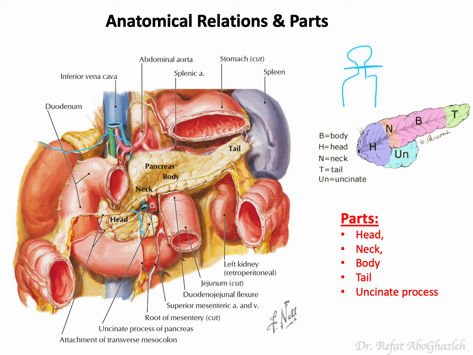So you have the head and the body as well, right? Between the head and body you have a constricted part, which is the neck, and of course it has a tail extended to the hilum of the spleen. So it has head, neck, body, and tail, but plus it has a small process extended from the head to the left, which is known as the uncinate process of the pancreas.